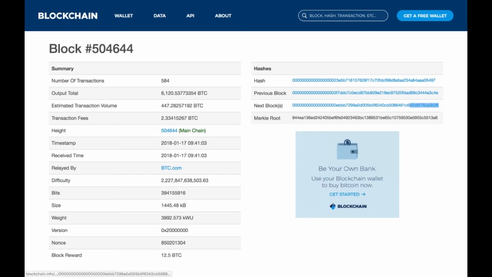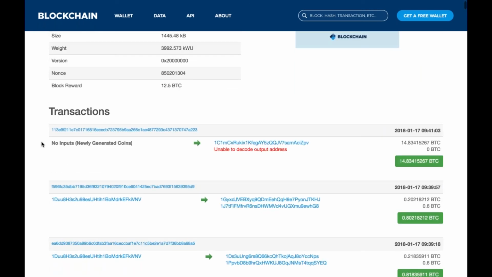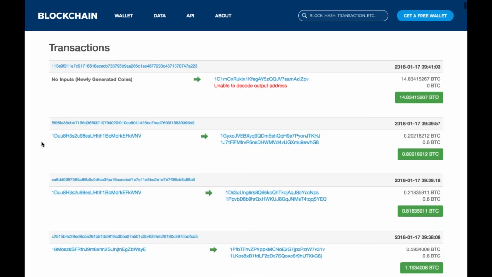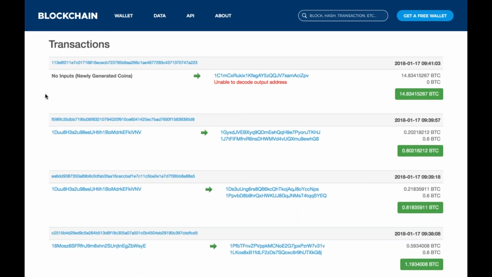Other transactions are transactions of the Bitcoin users. Like from this address, you can see so many bitcoins were transferred to this address. Okay, so likewise you can track every transaction online on a public ledger.